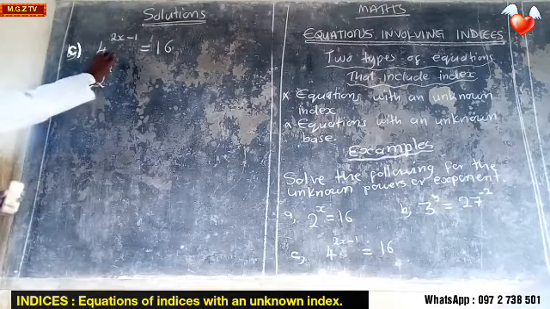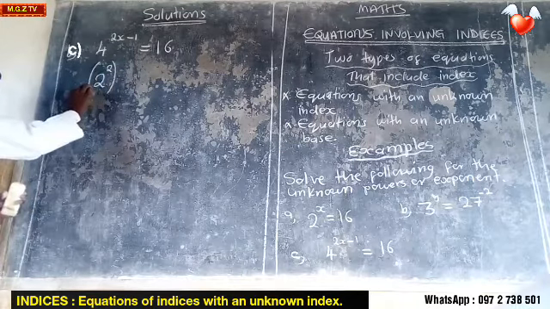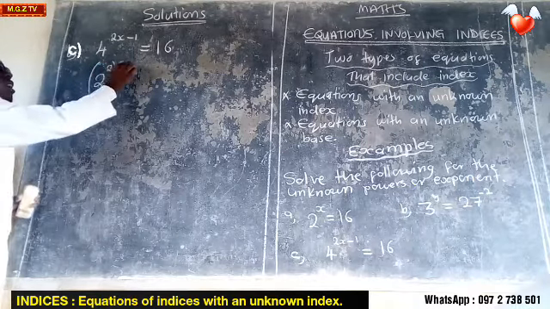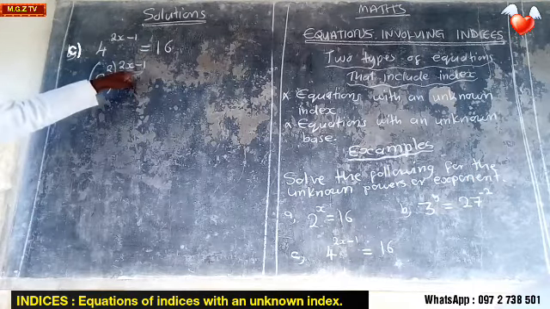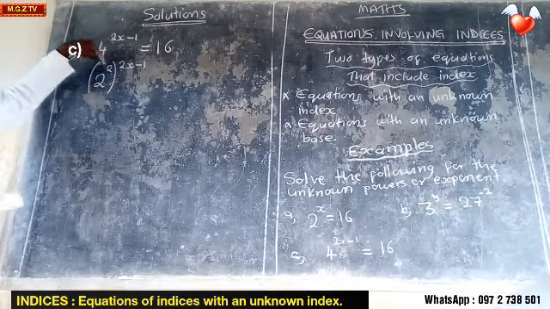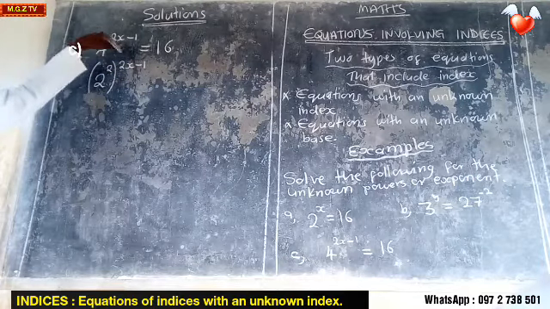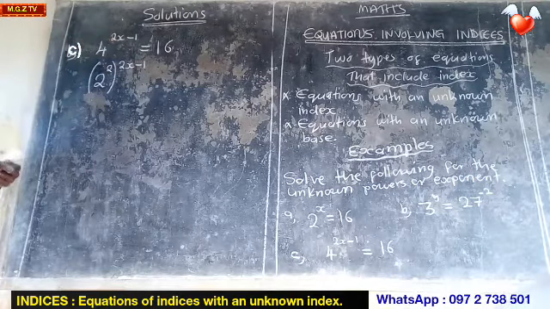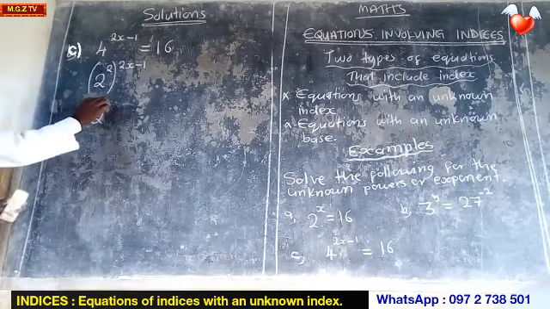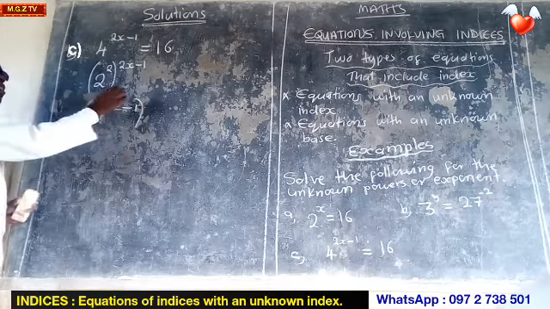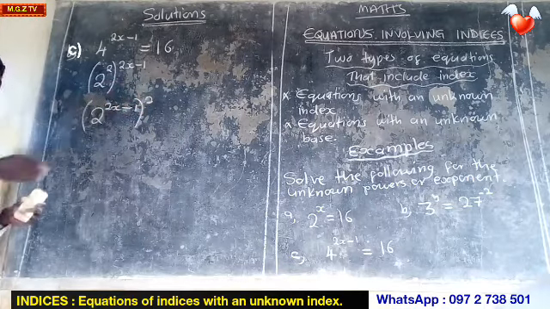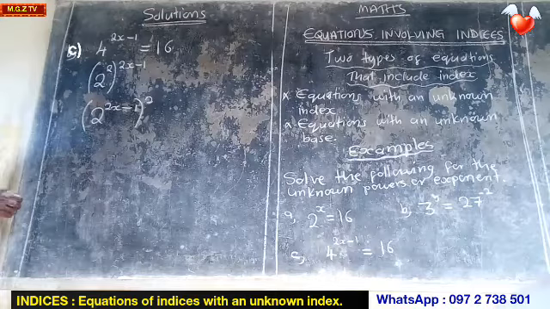What you do is to put this one in brackets, then 2x minus 1. Or you put this one inside and this one outside. The meaning is still the same. What I mean is writing 2, then 2x minus 1 in brackets, then the 2 goes outside. The meaning is the same.